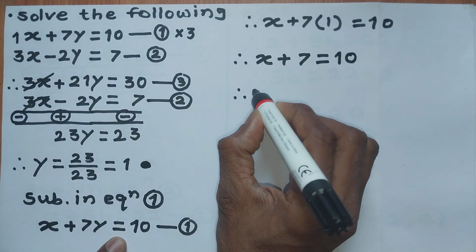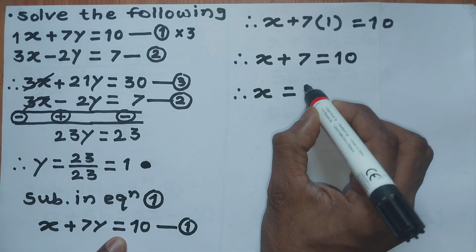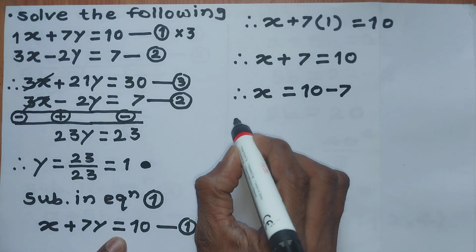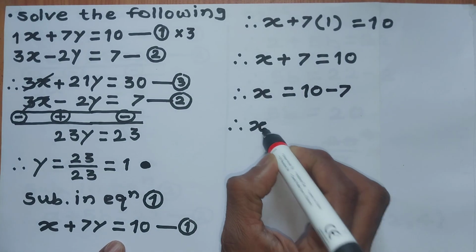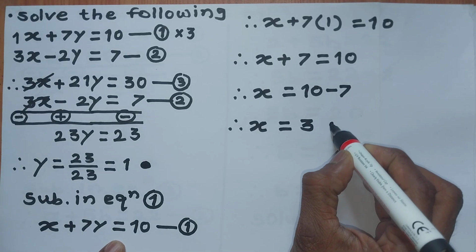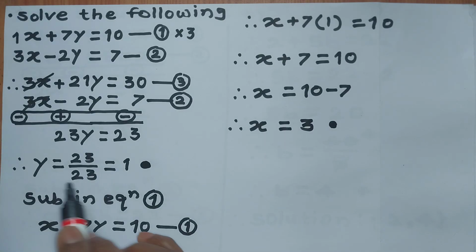Now we take like terms together, so we take this plus 7 to the right side, that becomes minus 7. Therefore x is equal to 10 minus 7. Therefore x is equal to 3. This way we will find out the values of variables x and y.